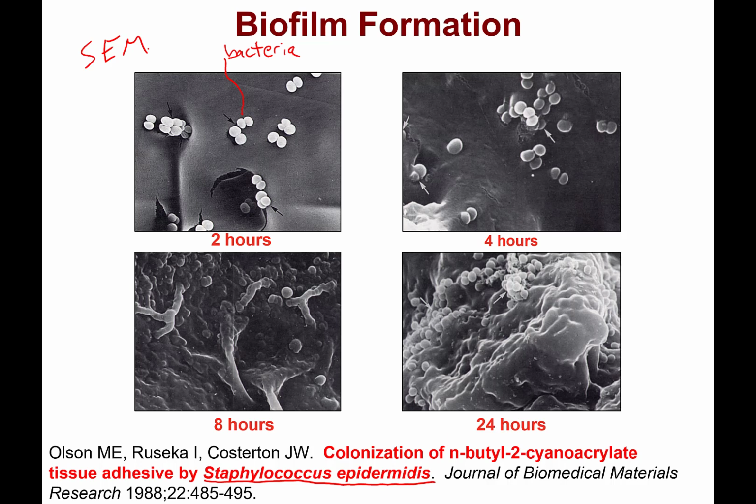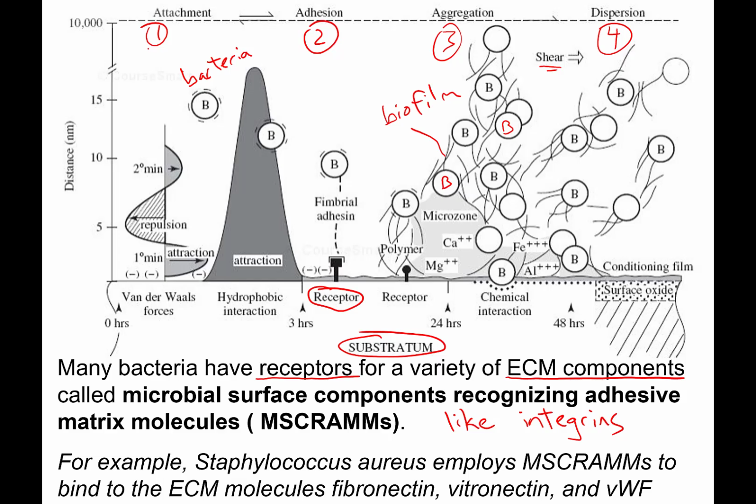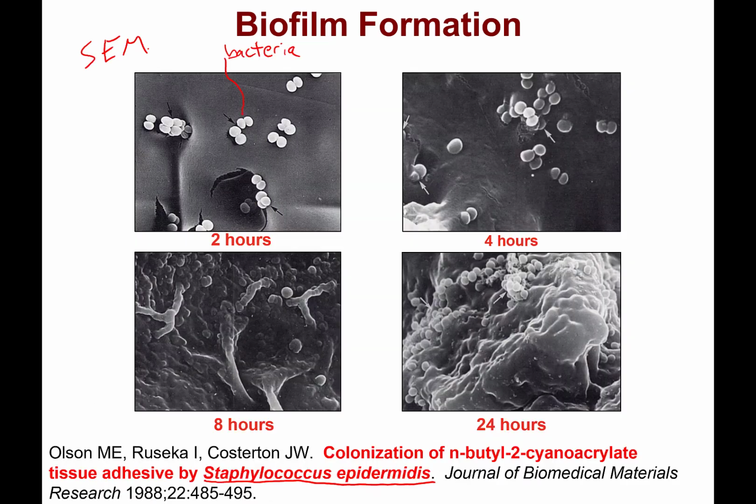You see at 2 hours, we have that adhesion, some attachment, and then within 4 hours, they're starting to proliferate. If we go back a couple slides, at 2 hours we're at attachment and adhesion, and then at step 3 we're getting aggregation after just 4 hours.